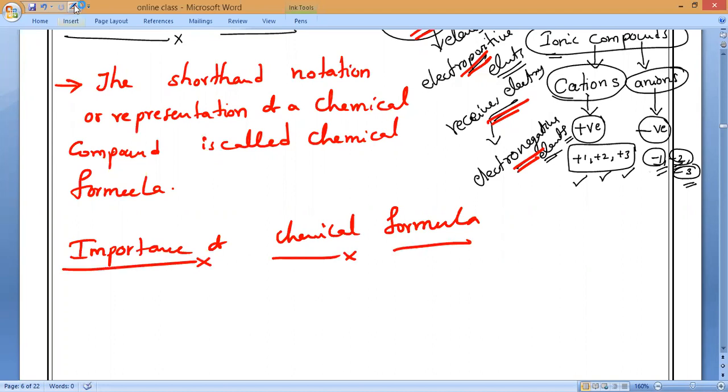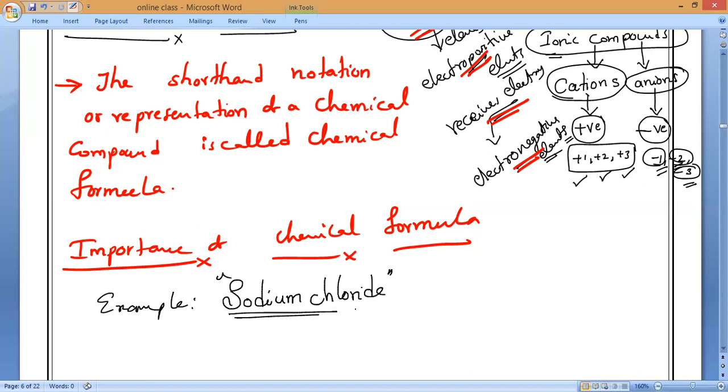Let us analyze this with an example so that you all will understand. For example, a well-known compound is sodium chloride. I think you all know it. Is it yes or no, guys? Sodium chloride. Yes, please. So this is the chemical compound.